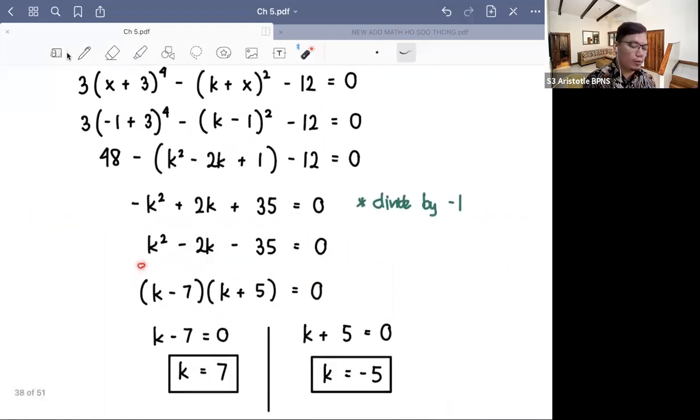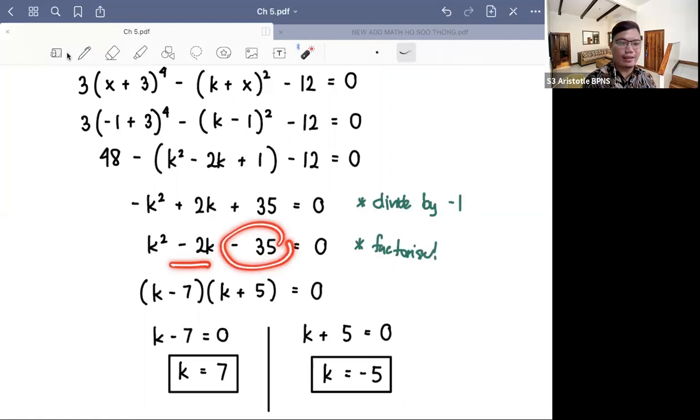So what's after this? After this, you can only answer this by factorization, right? So you need to factorize this equation. Again, this is by guess and check. Ask this: what are the factors of negative 35 that when you add them, it's negative 2? So it's 7 and 5, right? But which is negative? It's negative 7 and positive 5.